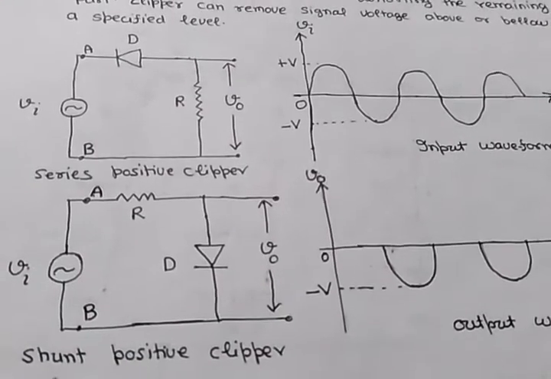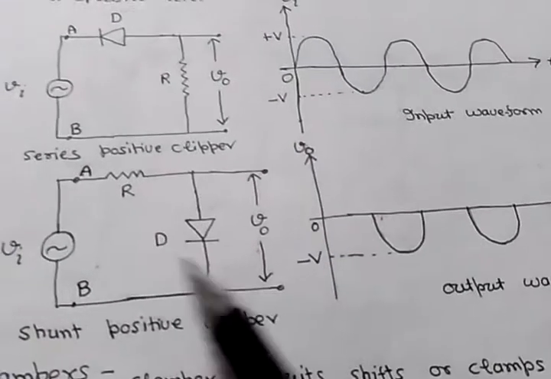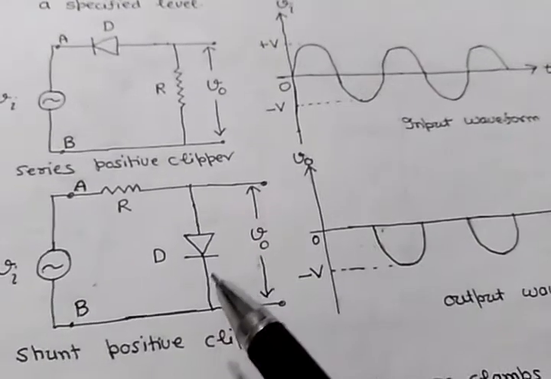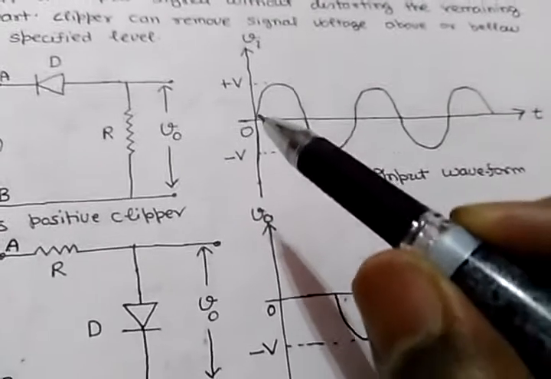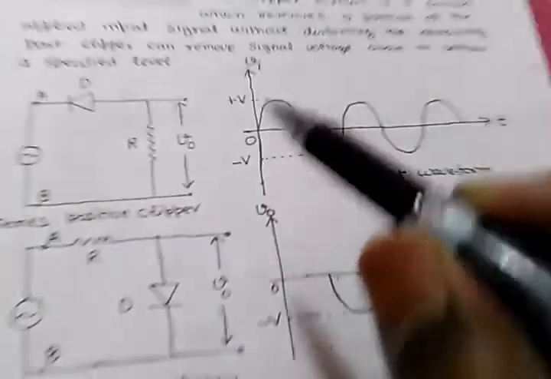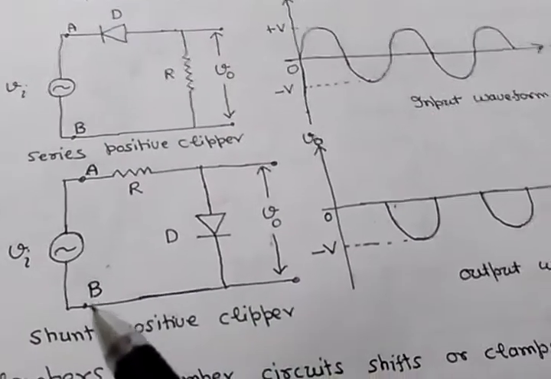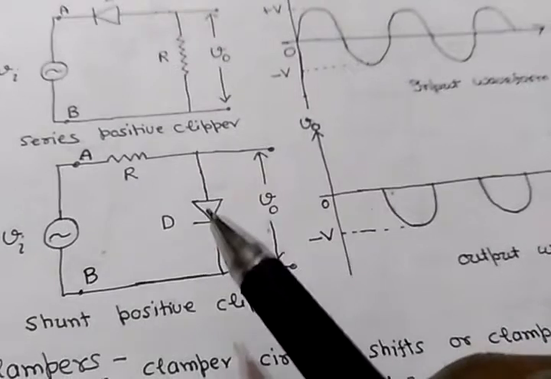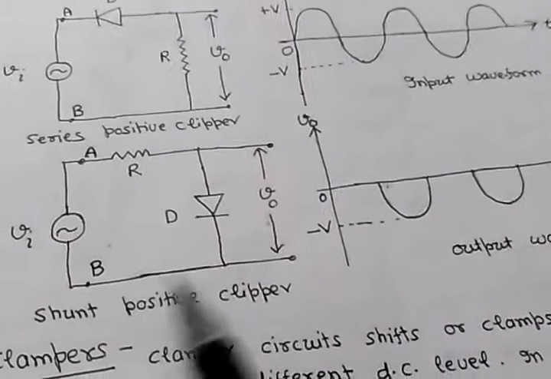This is the circuit diagram of a shunt positive clipper. In this case, the diode D is in parallel with the output. To understand the working of this circuit, first consider the positive half cycle of the input signal, in which point A is positive with respect to point B. In this case, the P region of diode D is positive and the N region of the diode is negative.